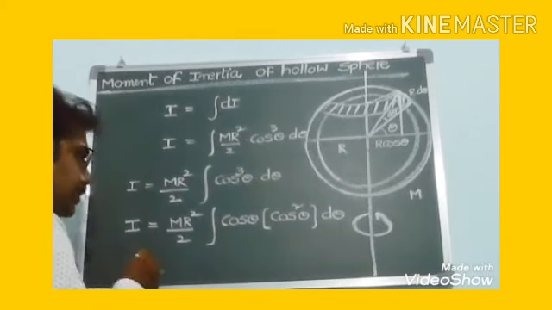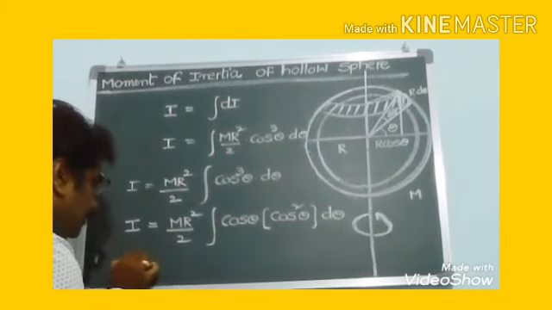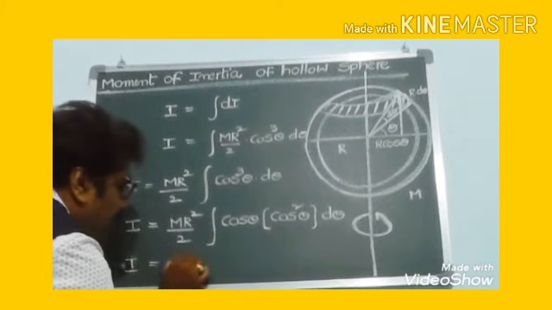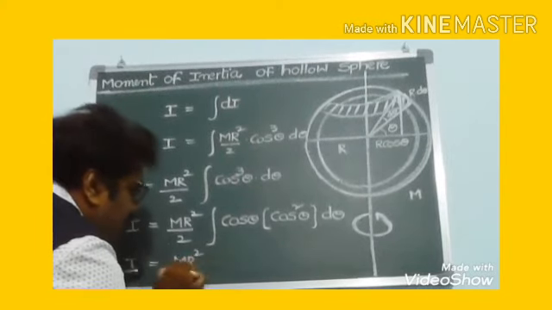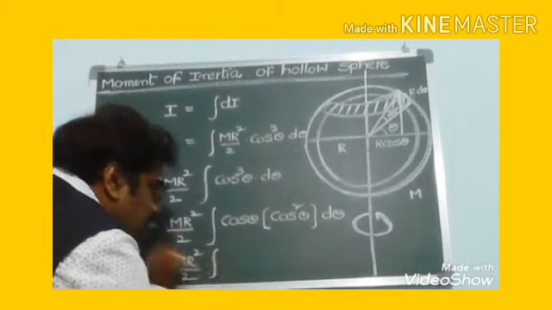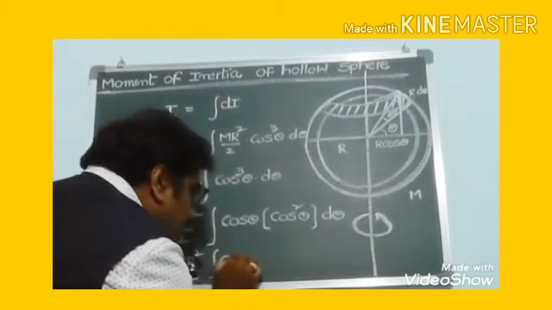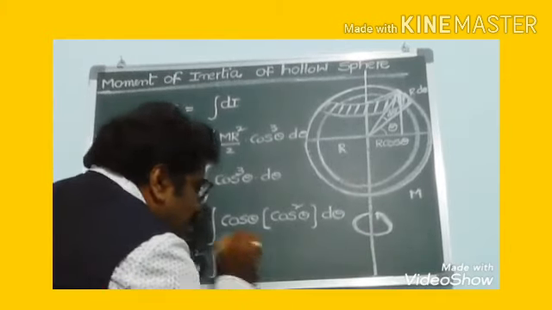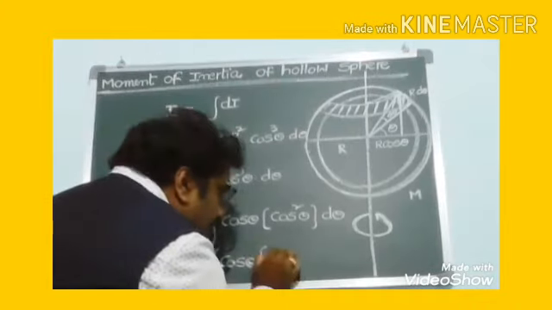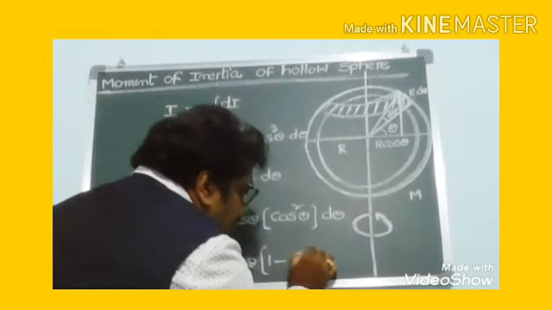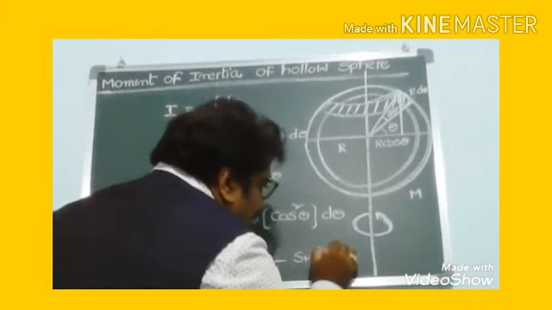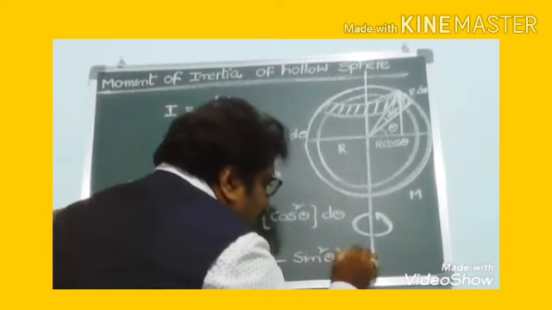Next step, I equal to mr square by 2 integration of cos theta into 1 minus sin square theta into d theta.